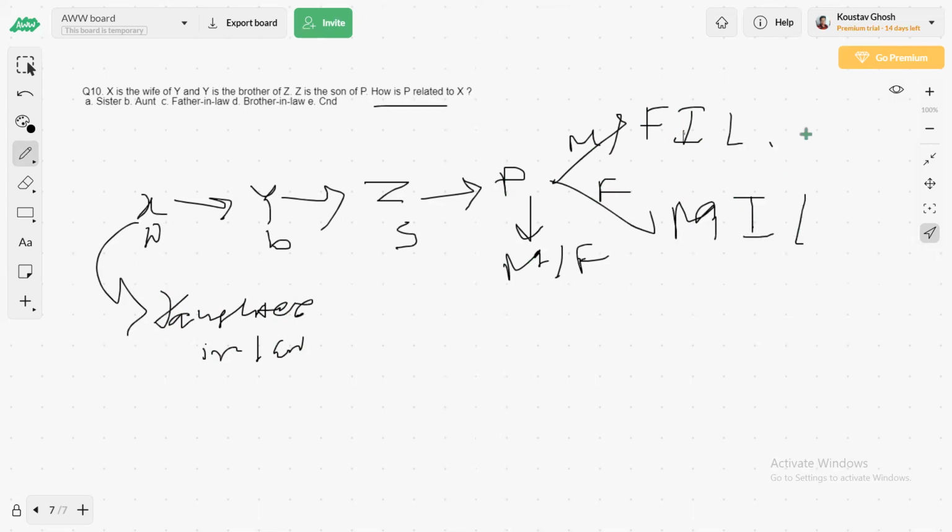So there are two possibilities. As the option here is father-in-law, one option is there, so you may choose this father-in-law.